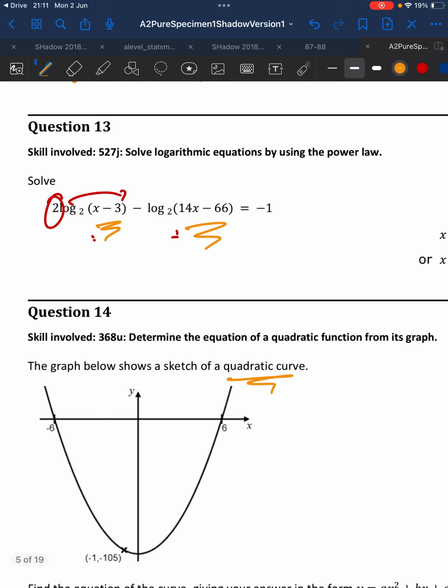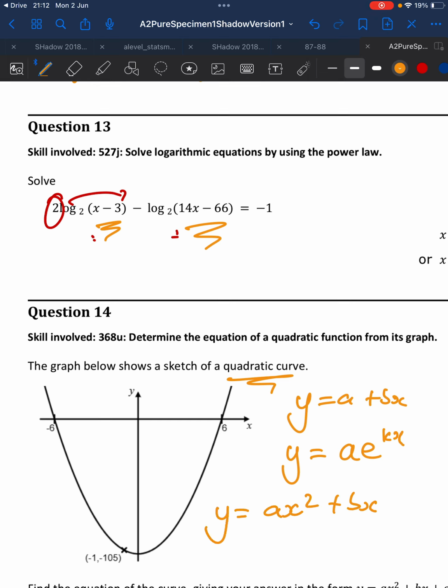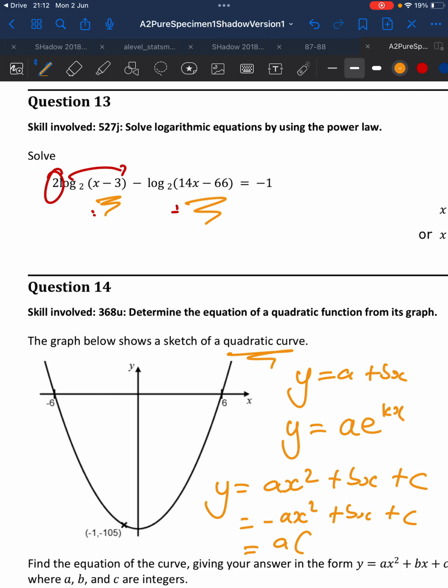So a quadratic, a linear, it's really important that you know that linear could be written like that, or mx plus c, or if it were, for example, exponential, it might be something like this, or quadratic in this case should be written like this, or perhaps this is an acceptable version as well, or even a completed square version. But you cannot just write x squared. You must account for the general case.